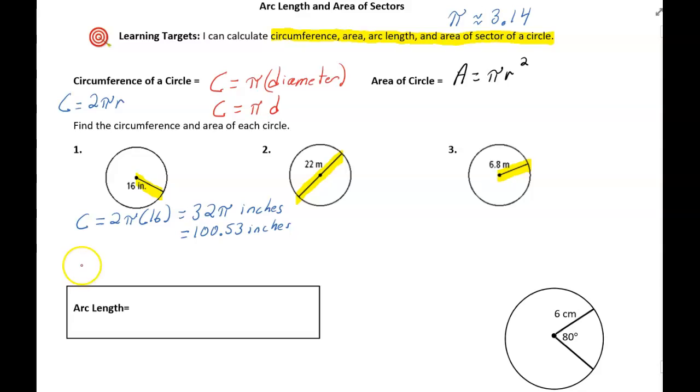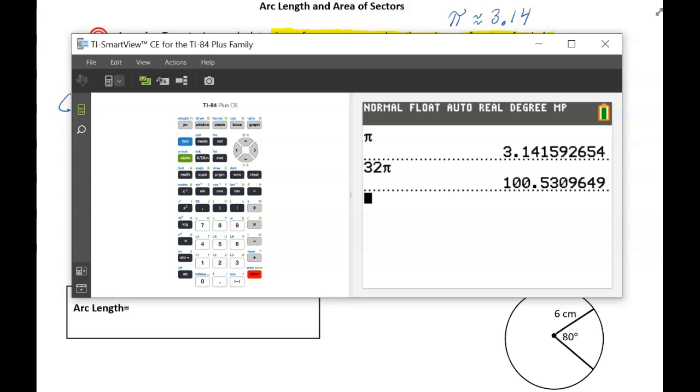For the area, area is equal to pi r squared. So in problem number 1, the radius is 16. Multiplying that out, you get 256 pi. Area is always squared inches, so we say inches squared. And again, if you were to use your calculator and type in 256 pi, I'll show you how to do that again on your calculator.